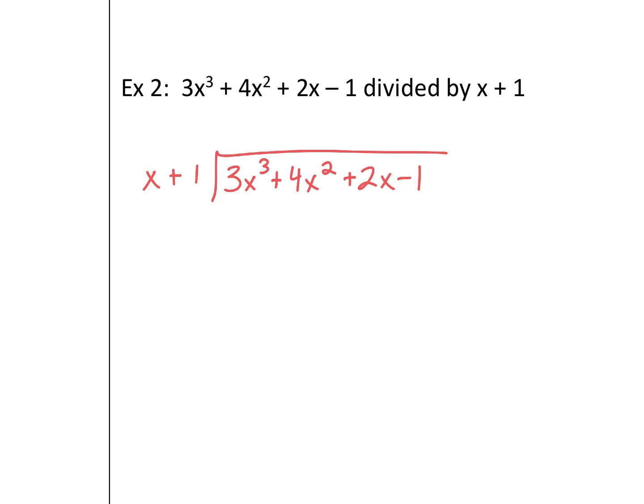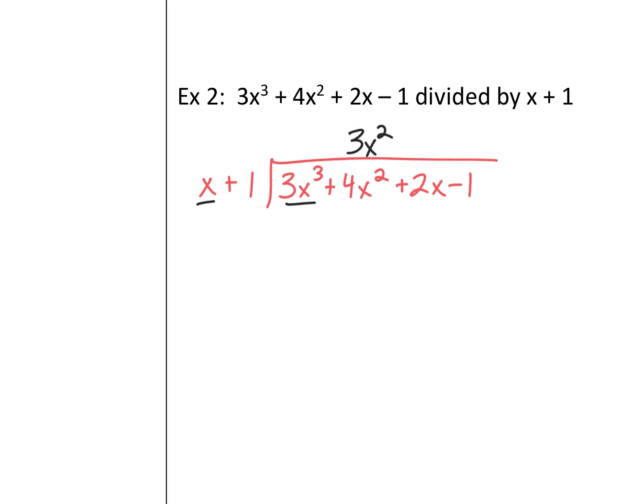Okay, walk me through it. What are we doing? First term. Okay, so that is what? 3x to the third divided by x, which is 3x squared, Olivia tells us. I agree. Okay, if you can't do that in your head, go write it over here. There's nothing wrong with that. See what's going to happen.